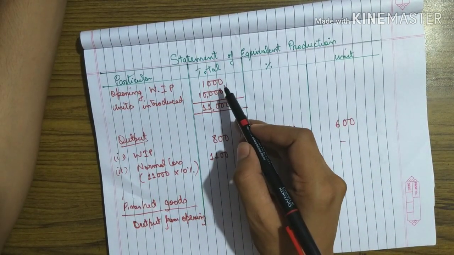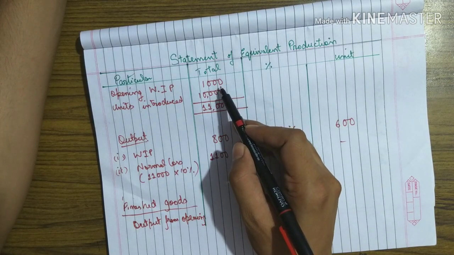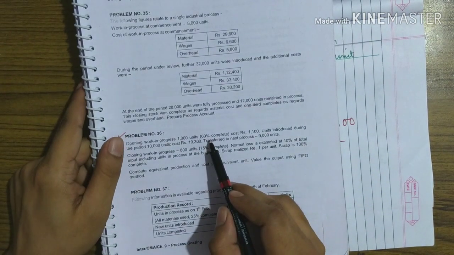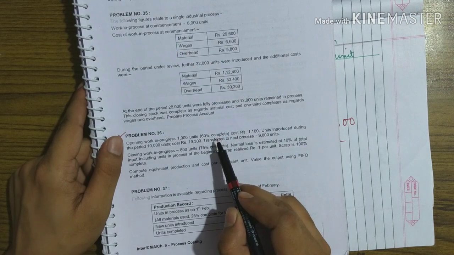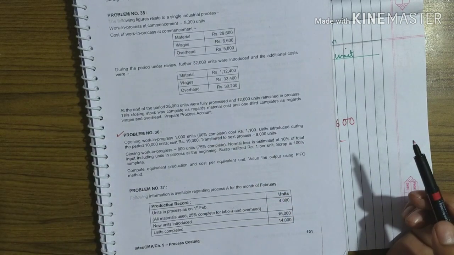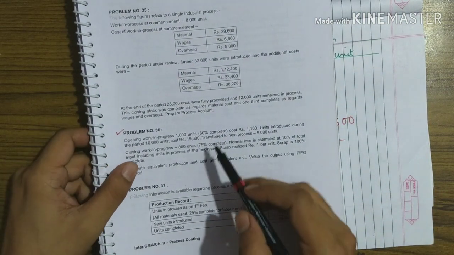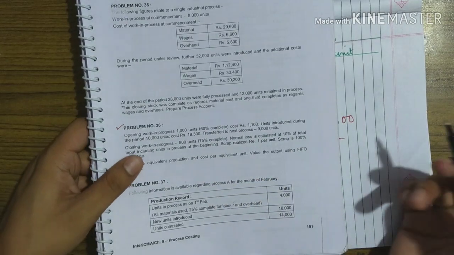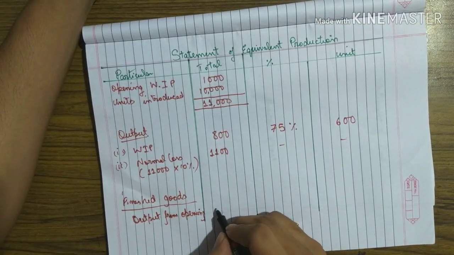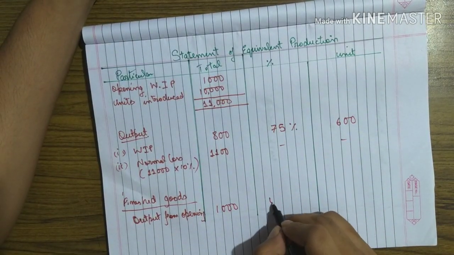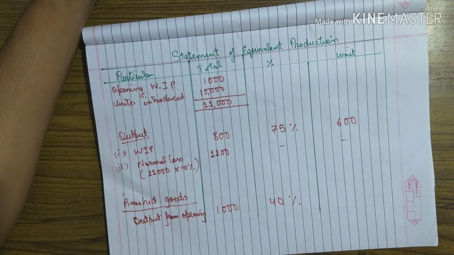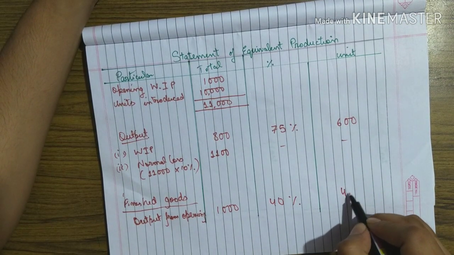At the opening we had 10,000 units, which were 60% completed, which means that 40% work is done in this process. So 1,000 units, 40% work done in this process, which is 400.